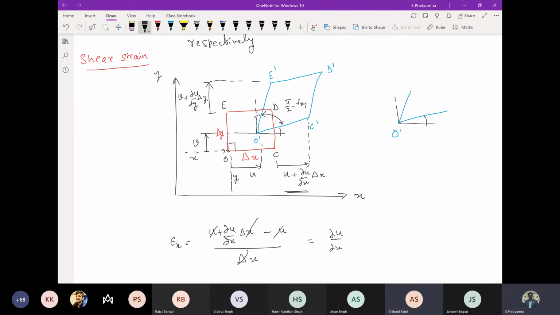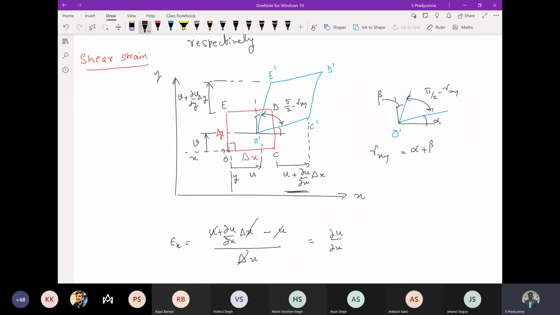This angle I can call angle alpha, and this angle I can call beta. So I can say alpha plus beta is equal to gamma xy. Then only this will be equal to pi by 2 minus gamma xy. Correct? Yes, sir. Okay.